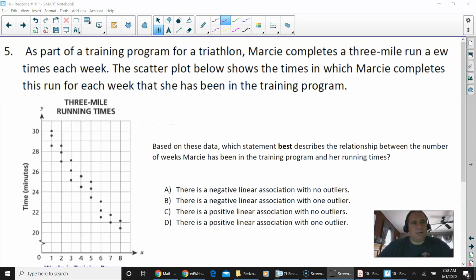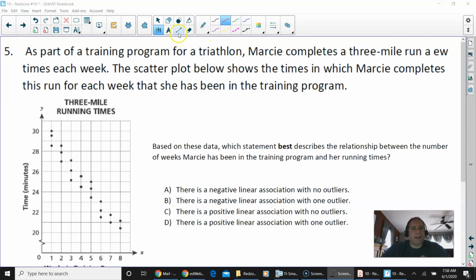So take a look at this question. Same type of question. As a part of the training program for a triathlon, Mossy completes a 3-mile run a few times each week. The scatter plot below shows the times in which Mossy completes this run for each week that she's been in the training program. Based on this data, which statement best describes the relationship between the number of weeks Mossy has been in the training program and her running times?